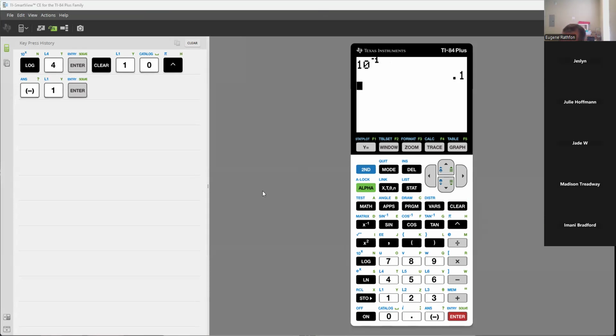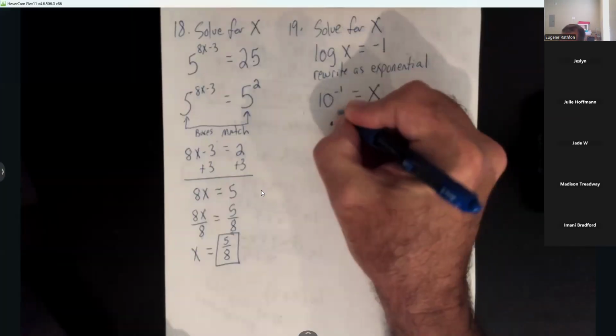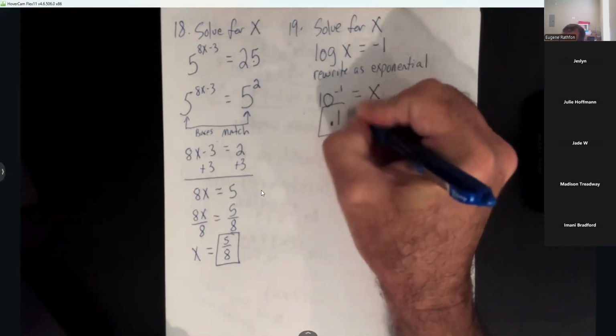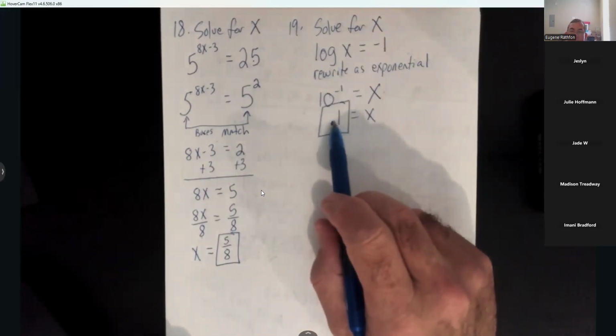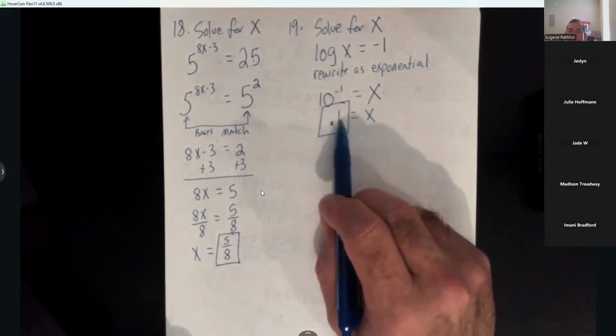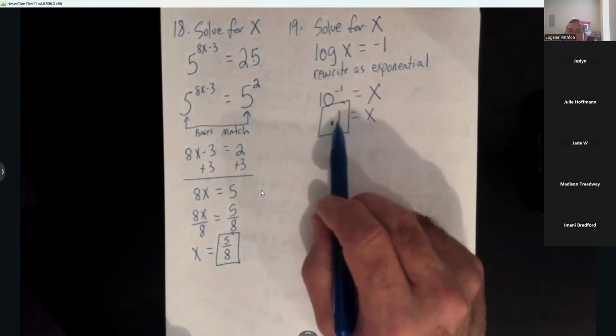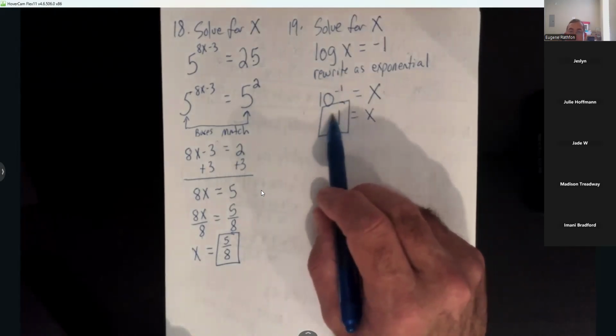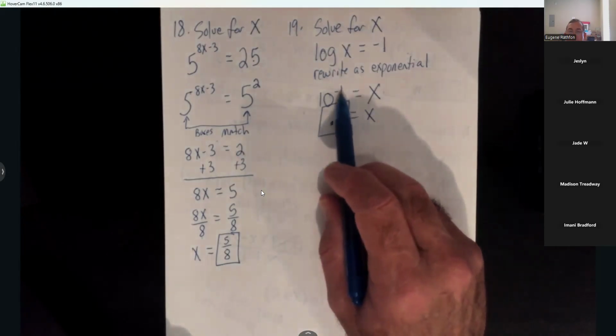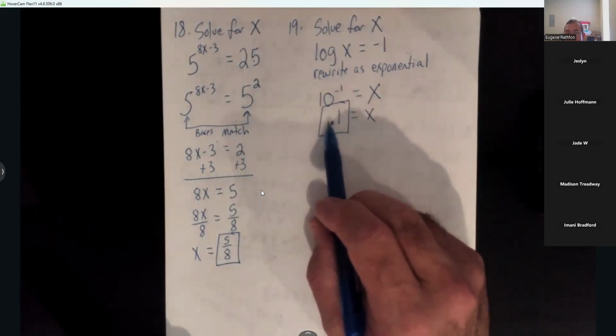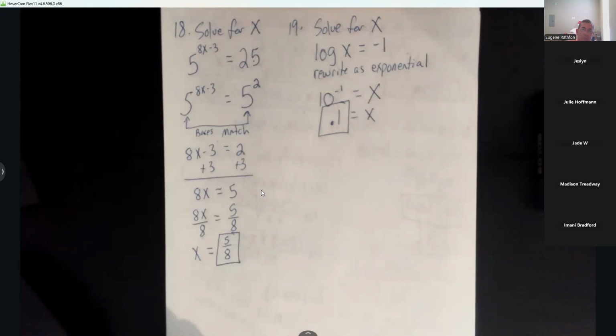So that equaled 0.1 equals x. So I'll tell you the trick on these. If it's a 1, you get a 0.1. If that was a -2, that would be moved over again and make that a 0.02. If that's a 3, it'd be 0.001 and so forth.